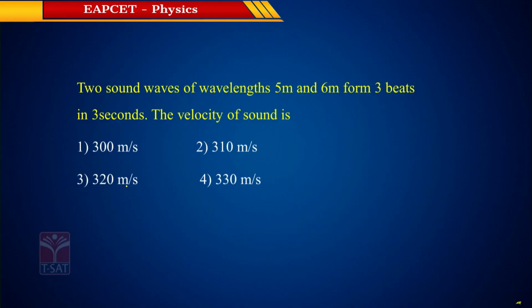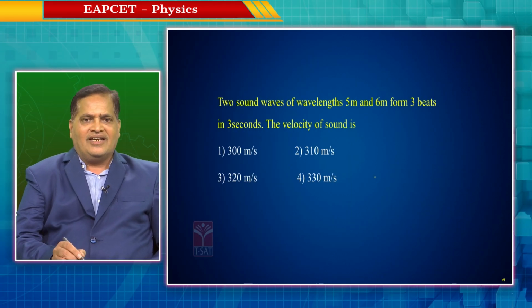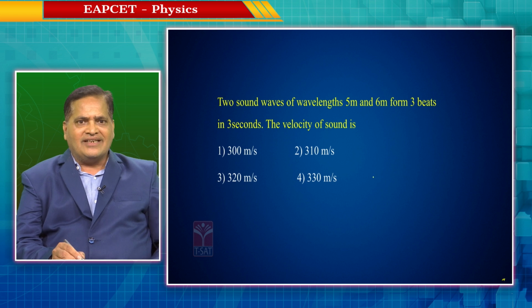Two sound waves of length 5 meter and 6 meter form 3 beats in 3 seconds. The velocity of the sound is... here you know what the beats are? Tell me children, what is the beats?